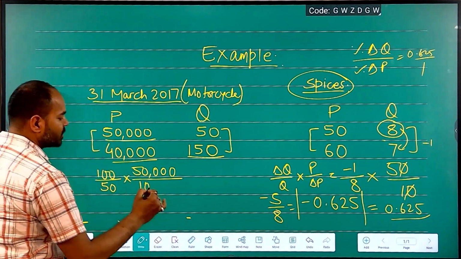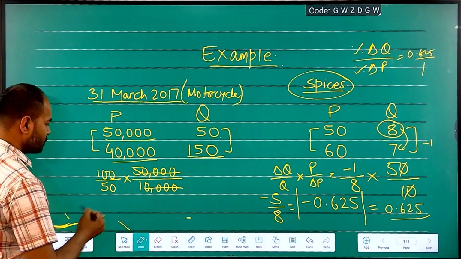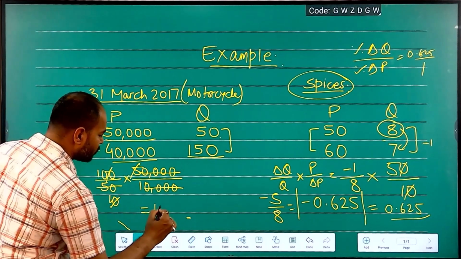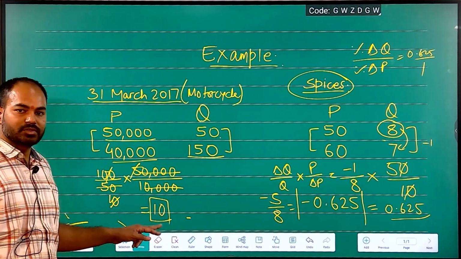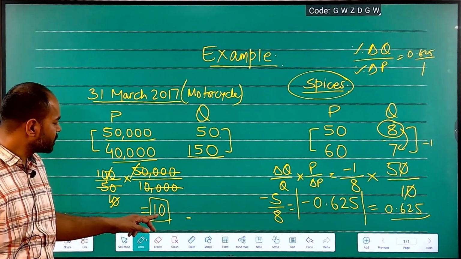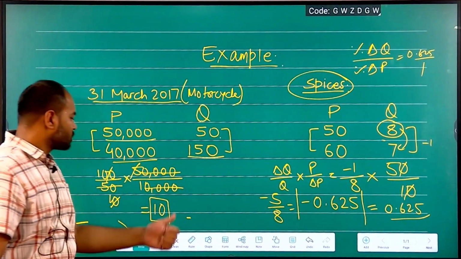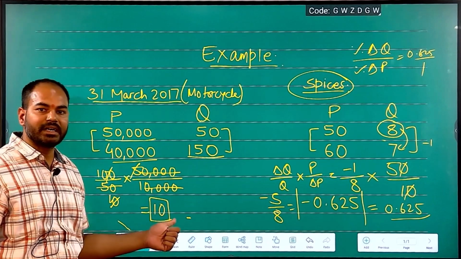Change in P is how much? 10,000. Now let's calculate this. The value comes to 10. The elasticity comes to 10. It means if price is changing by 1%, the quantity sold is changing by 10%.